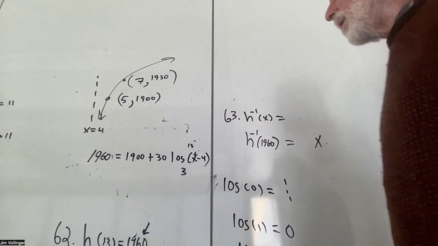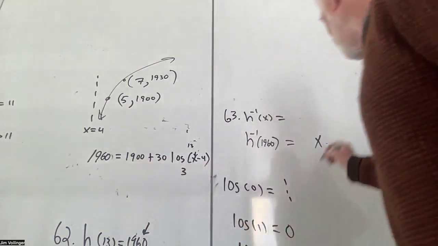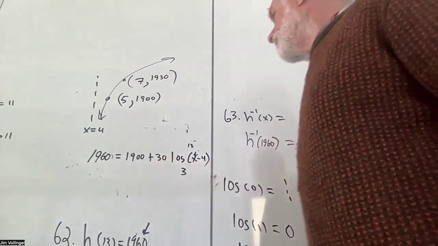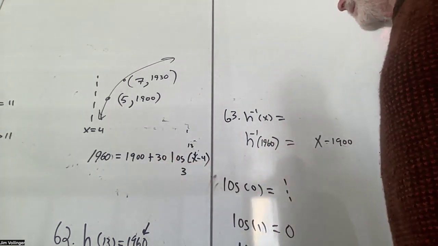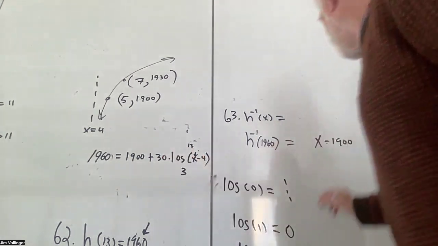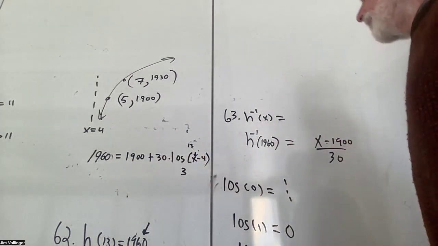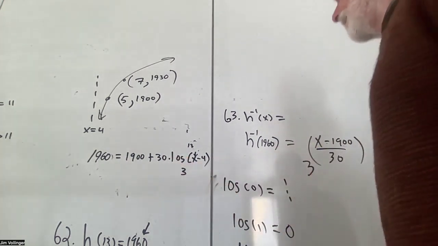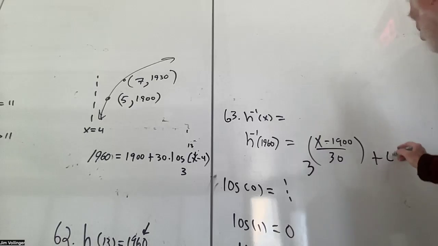Well, the first thing we did is we subtracted 1900. Then we divided by 30. Then we did the inverse of log base 3, which is 3 to the. And then we added 4.